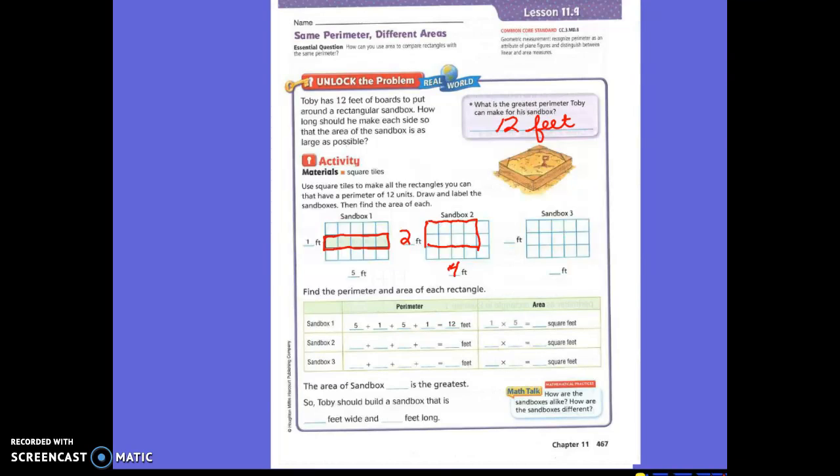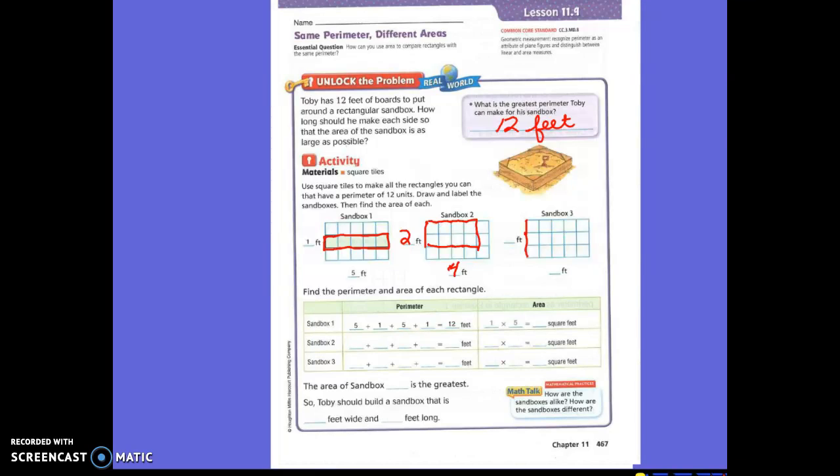Let's try a third way. Let's make it even wider. Let's try 3 feet wide instead. Or not 3 feet wide, but 3 feet tall.